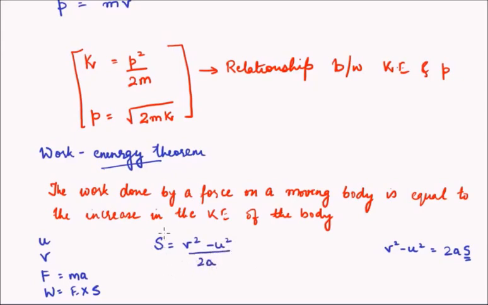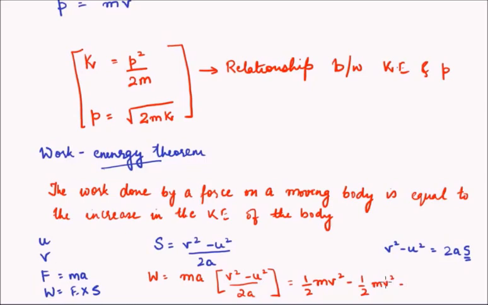So if we replace S in the relation for work, and if we replace F over here, then that will give us work is equal to m times a into v square minus u square by 2 times a. We can cancel the a and a here, and that will give us half times mv square minus half times mu square.